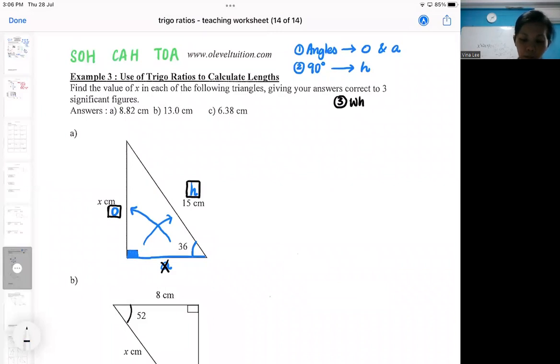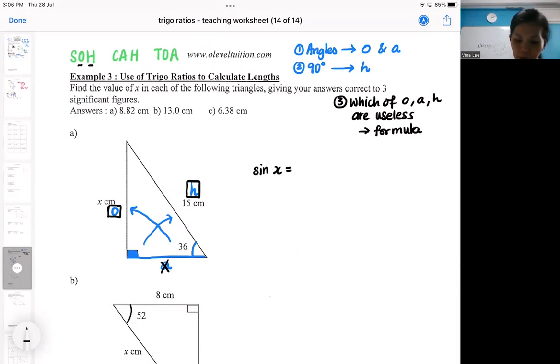So you got to decide which of the O, A, H are useless, because that will decide the formula for you. So in this case, A is useless, you got the O and H. So that tells us that I should be using the ratio of sine angle.